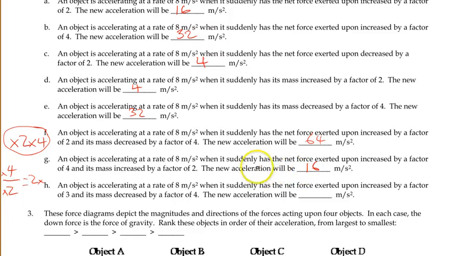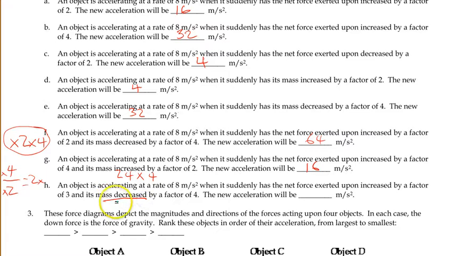Letter H, an object accelerating at a rate of 8 meters per second squared when suddenly the net force is increased by a factor of 3, and then the mass is decreased by a factor of 4. So 8 is our start point. We're going to increase that by 3 from the force, so now we're up to 24. Okay, and then we're looking at the mass impact.